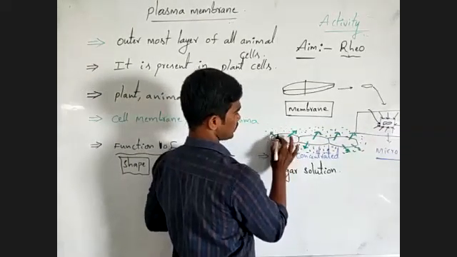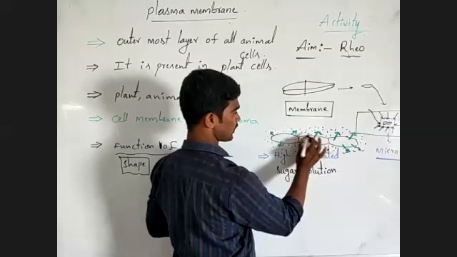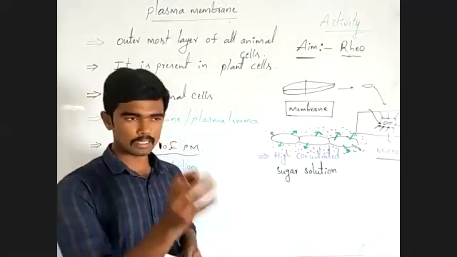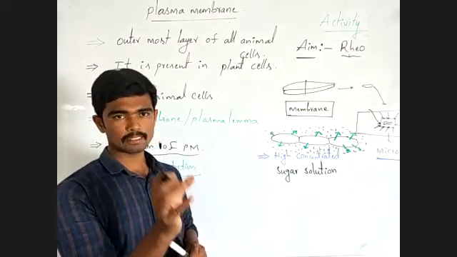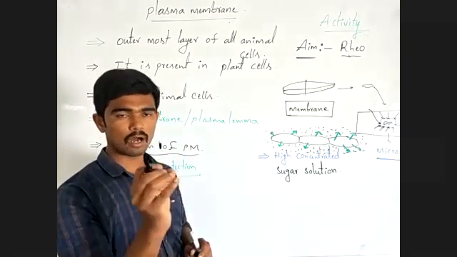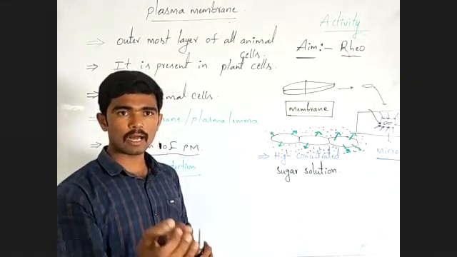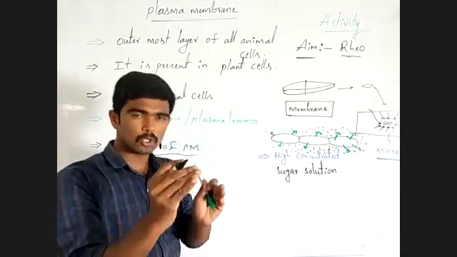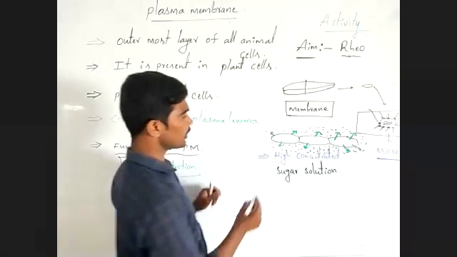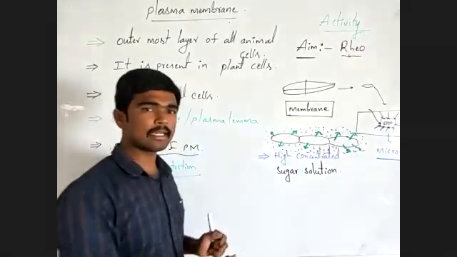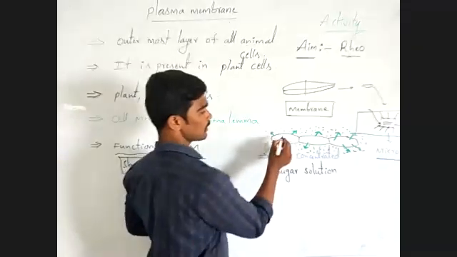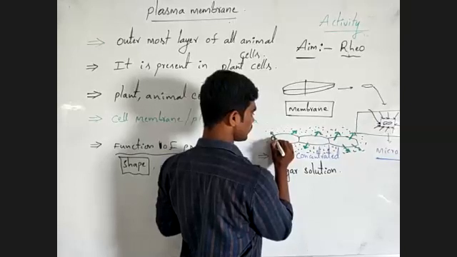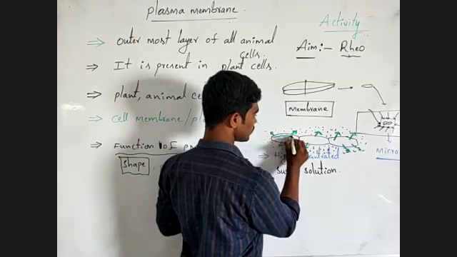When water moves out of the plant cell, the size of the cytoplasm decreases. Cytoplasm shrinks. Along with the cytoplasm, the plasma membrane is also shrunken. In such conditions, we can observe like this.